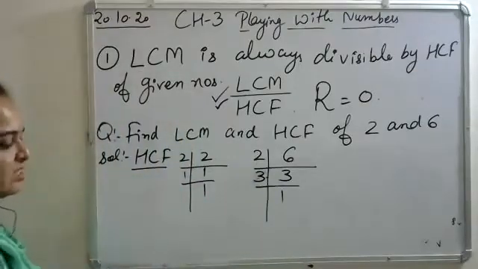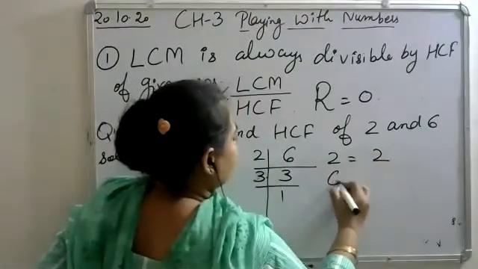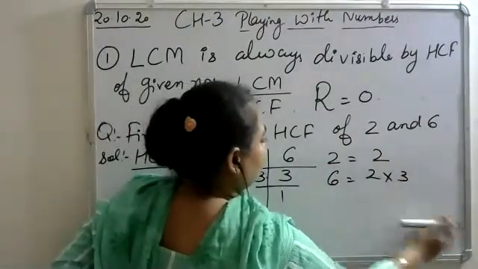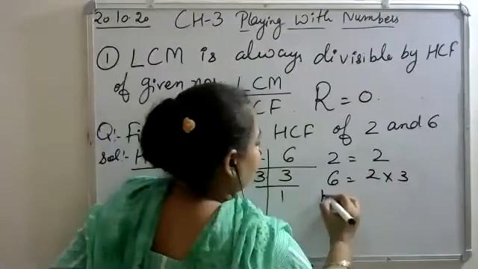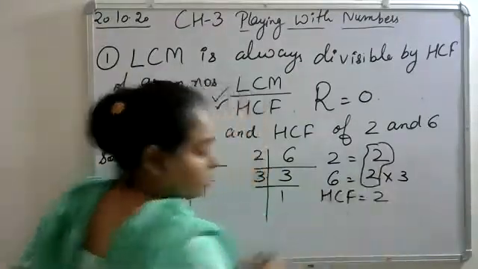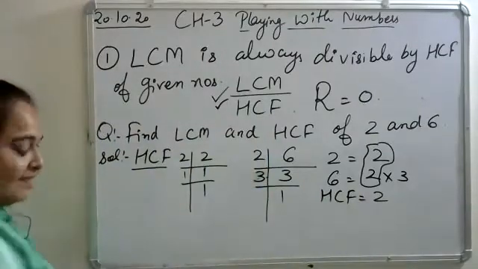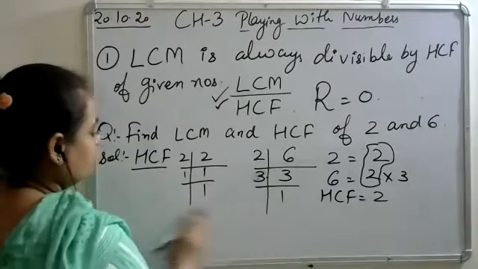So what is the HCF here? 2 is equal to 2, 6 is equal to 2 multiplied by 3. What is the HCF? 2.